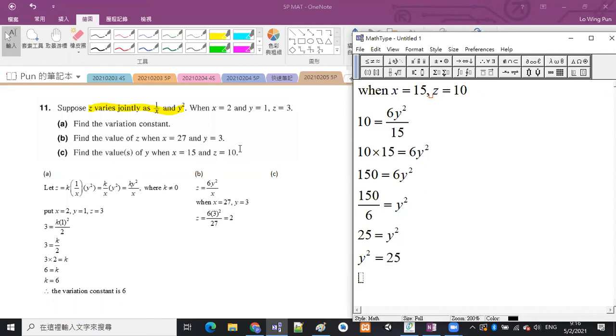How to find y? The question asks you to find the values of y. Now it is y squared. How to cancel out the square? Is by taking square root on both sides. The square root of y squared is equal to square root of 25. But be very careful.